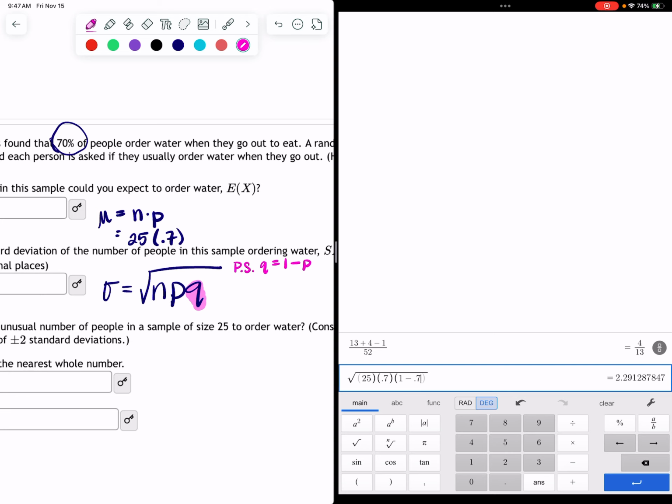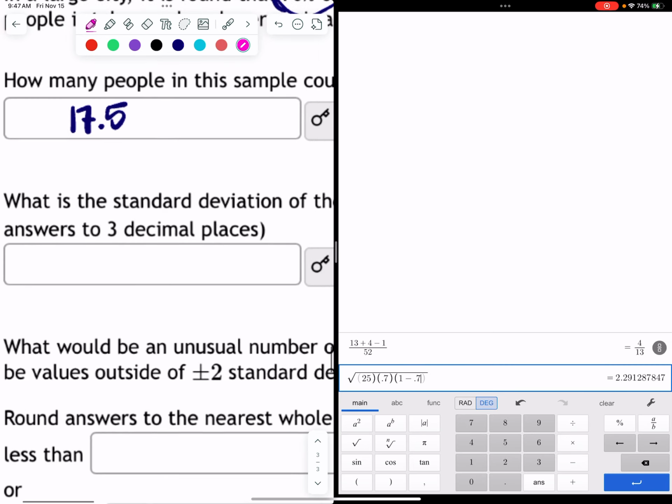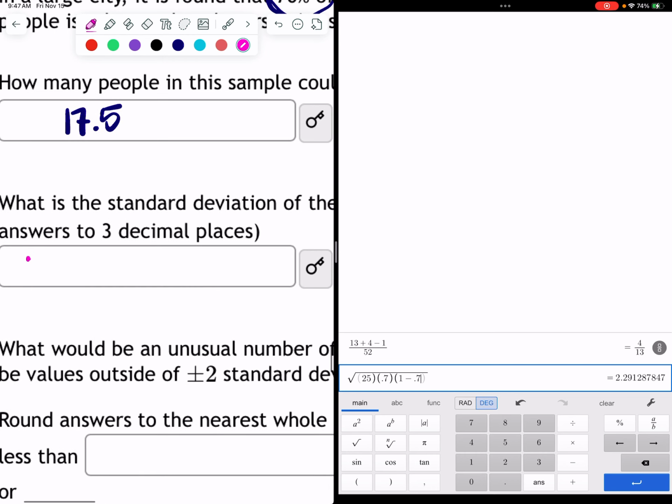You absolutely could. But I also wanted you to see that you don't have to. You can plug it in as 1 minus P, and it comes out just fine. This tells me that the standard deviation to 3 decimal places is 2.291.